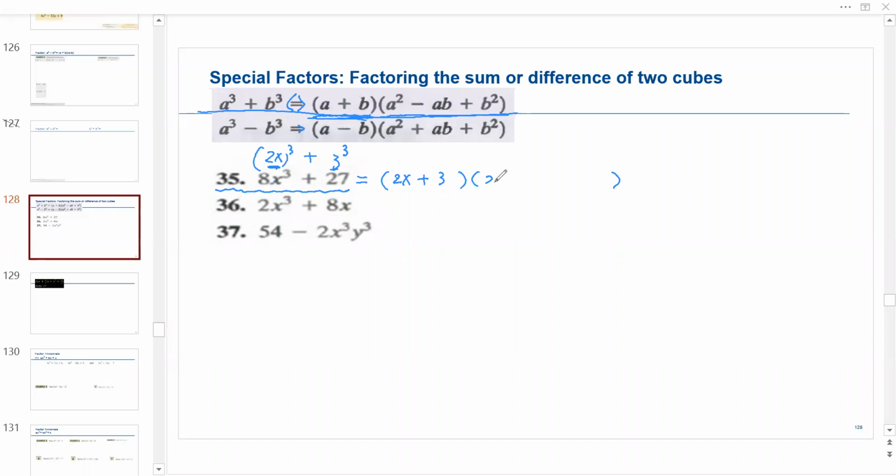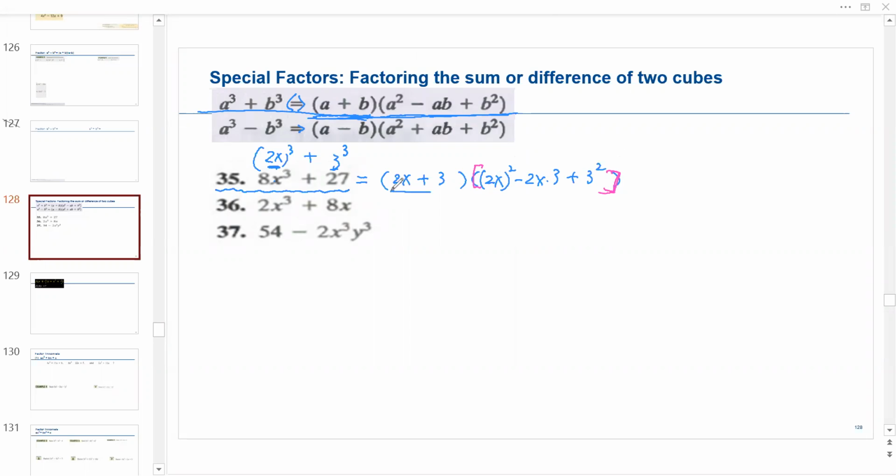So here is 2x squared. I need to change this one into a bracket. Then minus 2x times 3, right, plus 3 squared.